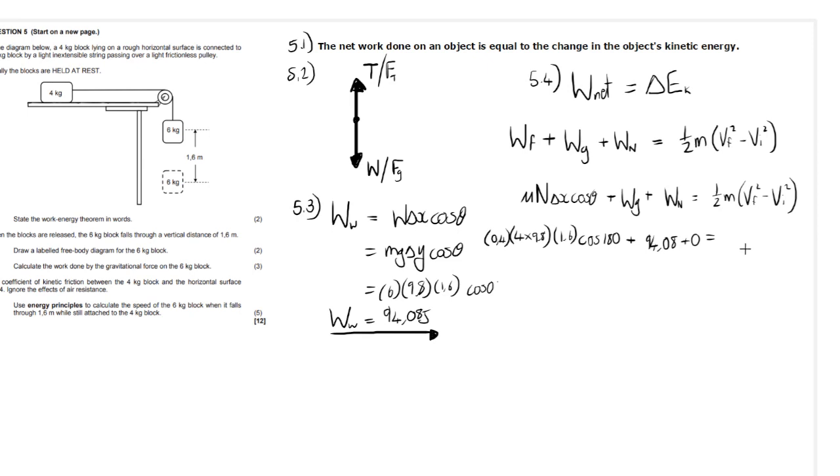Let's have a look then. We find that on the right hand side we have these unknowns. Mass is 4. There's a lot of values here that we know and don't know. We have final velocity, which is unknown. The initial velocity is 0.